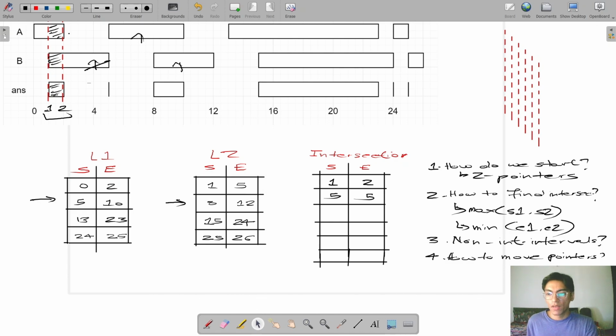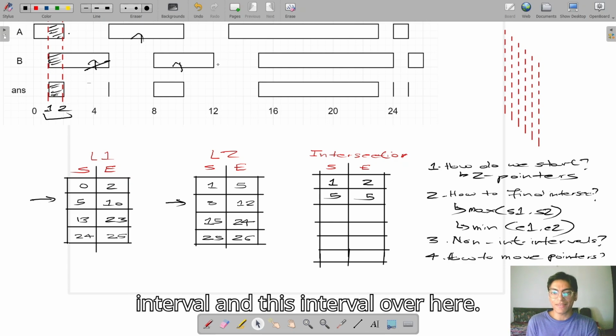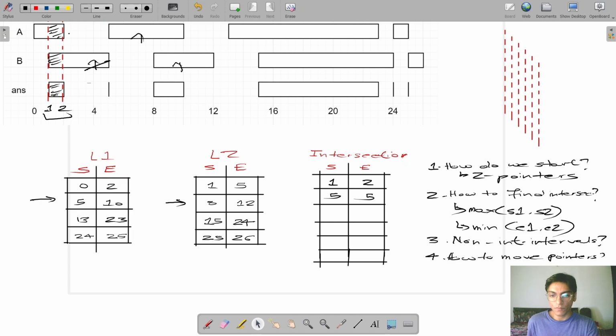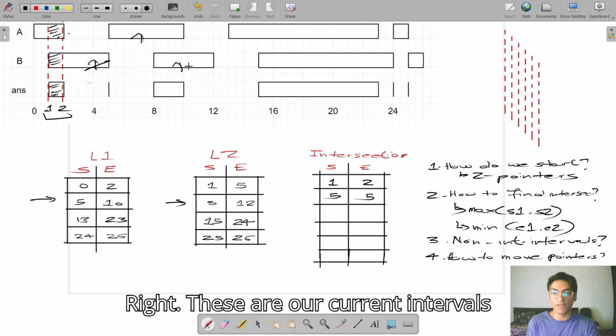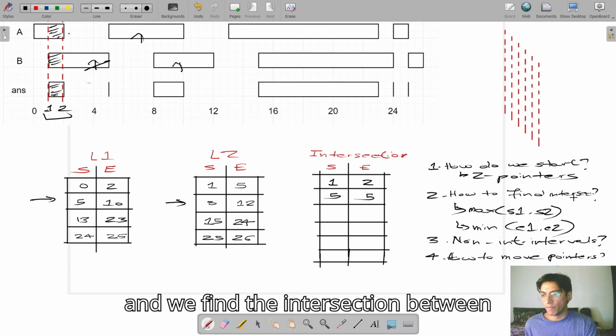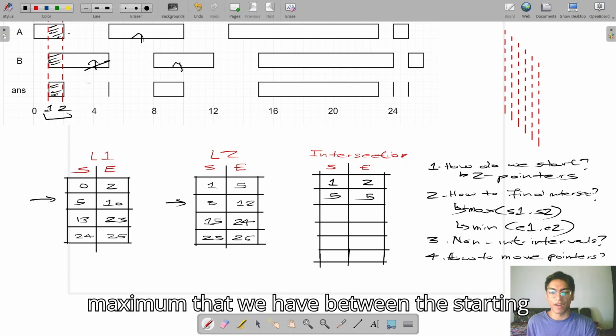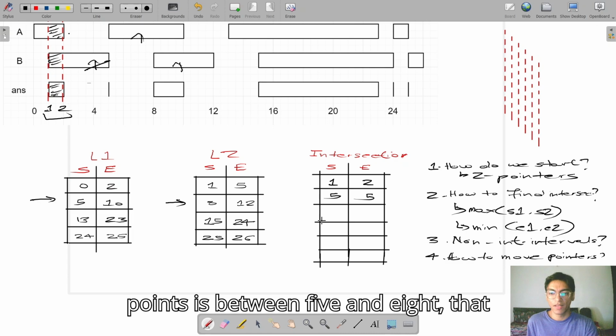All right. We repeat the process between this interval and this interval over here. These are our current intervals where the badly drawn arrows are. And we find the intersection between them. So the maximum that we have between the starting points is between 5 and 8. That gives us 8.